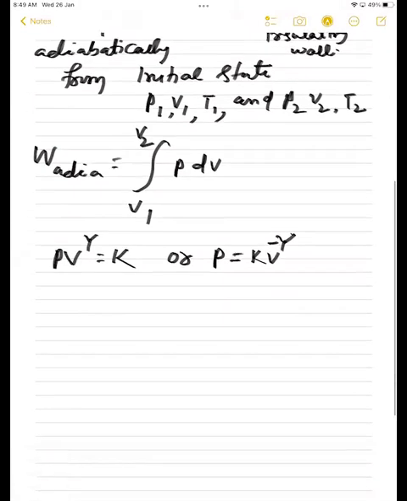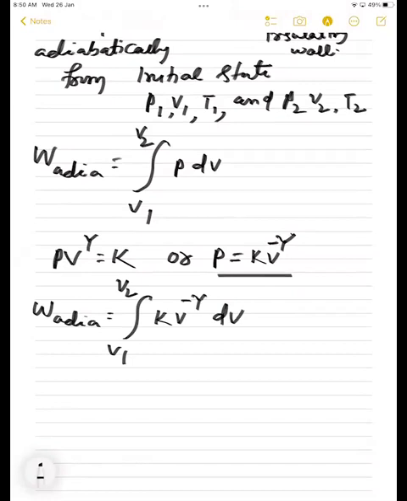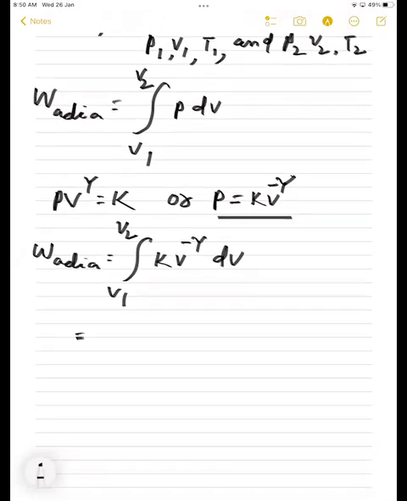So let's find the work done in the adiabatic process. So that is equal to integral from V1 to V2 of K V to the power minus gamma into dV. In place of P we put this, right? Correct? So that is going to be, students, K will come out, yes or no?